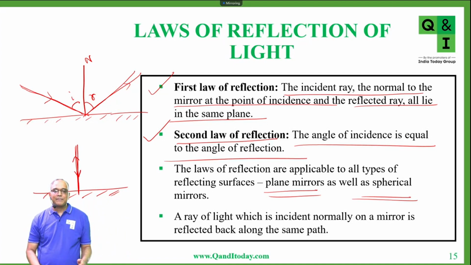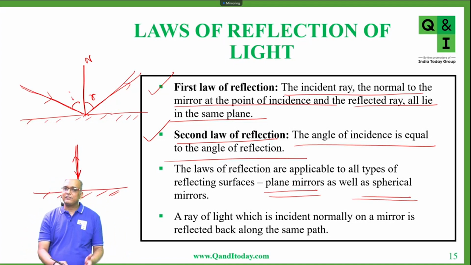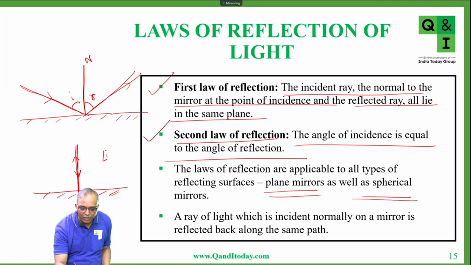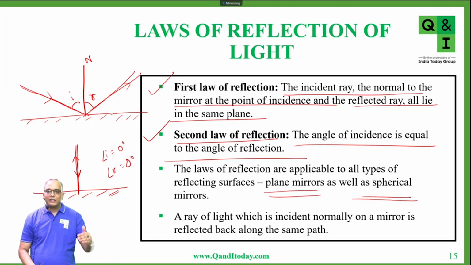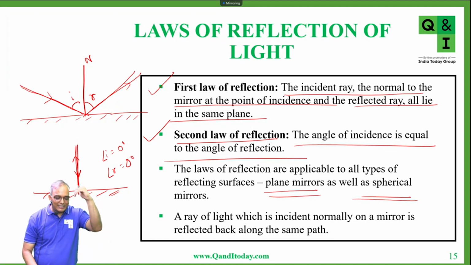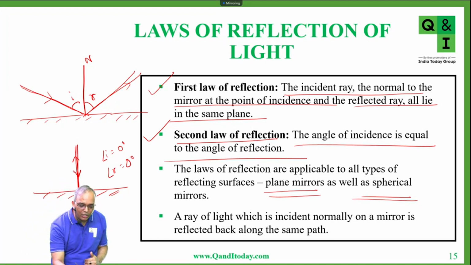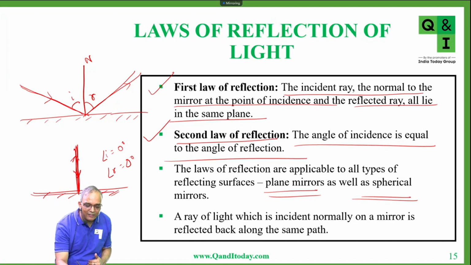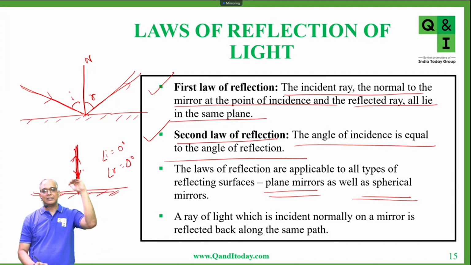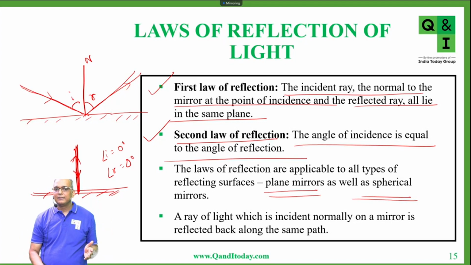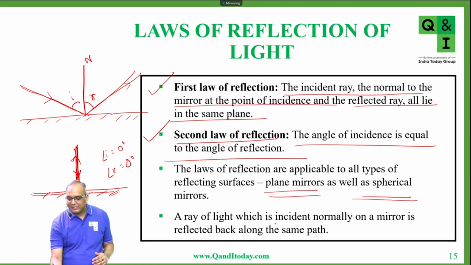Because here also the law of reflection is valid. The angle of incidence here is 0 degrees and the angle of reflection is also 0 degrees. So that's why the ray which is incident normally, along the normal, perpendicular to the mirror, will reflect back along the same path. Is it clear? Is this point clear, that a ray of light which is incident normally reflects back along the same path?